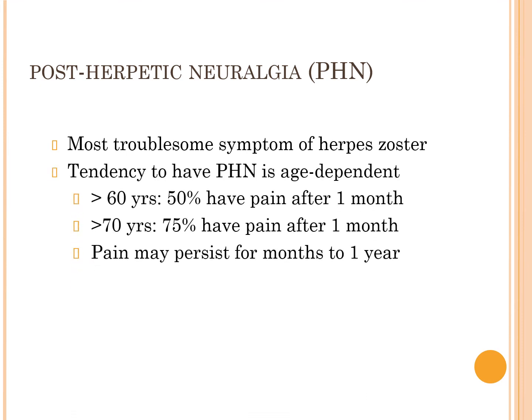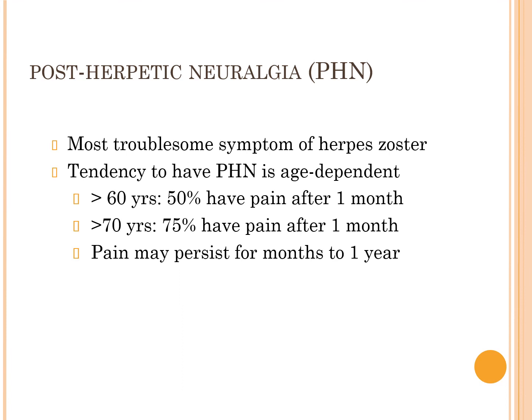The tendency to have this complication of herpes zoster is actually age dependent. Patients older than 60 years who develop herpes zoster, half of them will experience pain even 1 month after all the lesions have healed.